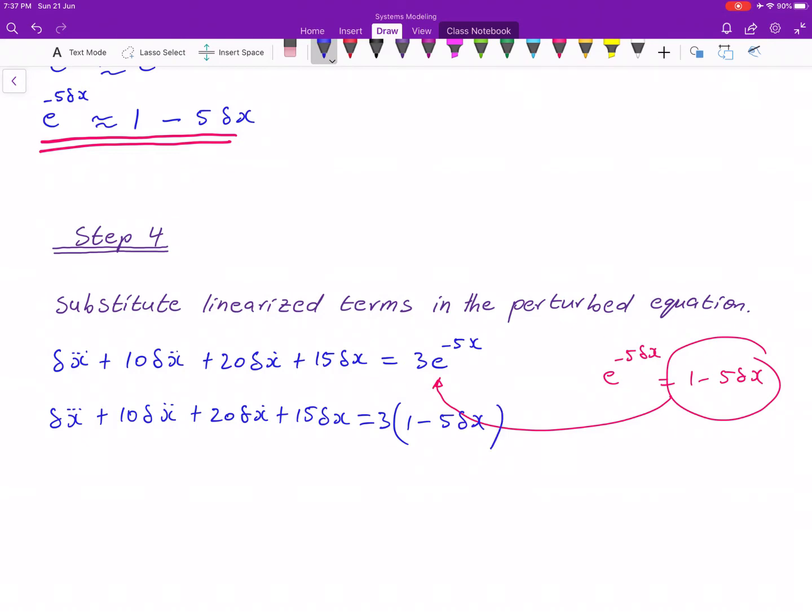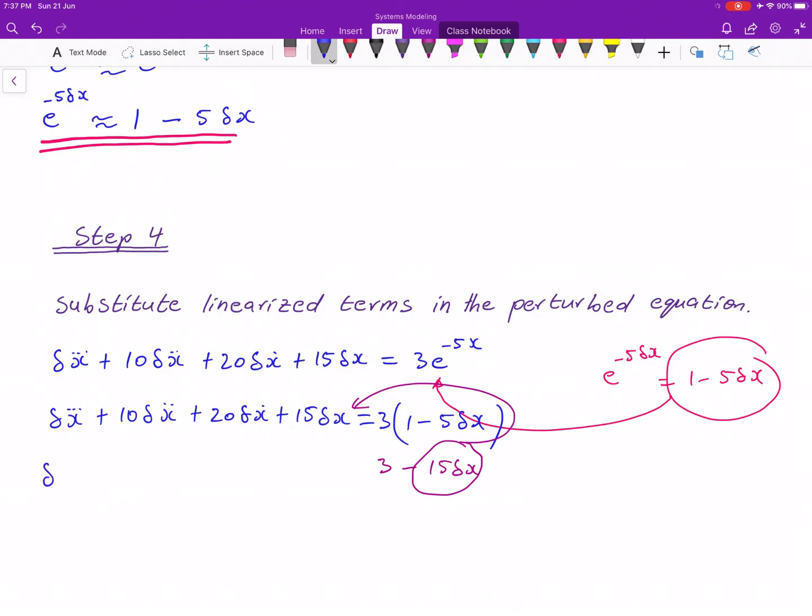Now this equation is linear. It's just now to clean it all up. We're going to have 3 minus 15 delta x if you multiply that out, and we are going to move this to the left side.